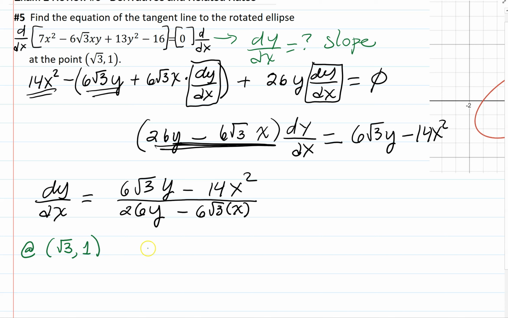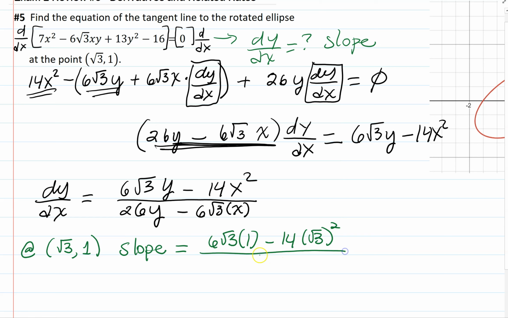So at this point, the slope of the tangent line will equal 6 square root of 3 times y, which is 1, minus 14 times square root of 3 squared, all over 26 times y, which is square root of 3, minus 6 square root of 3 times square root of 3.